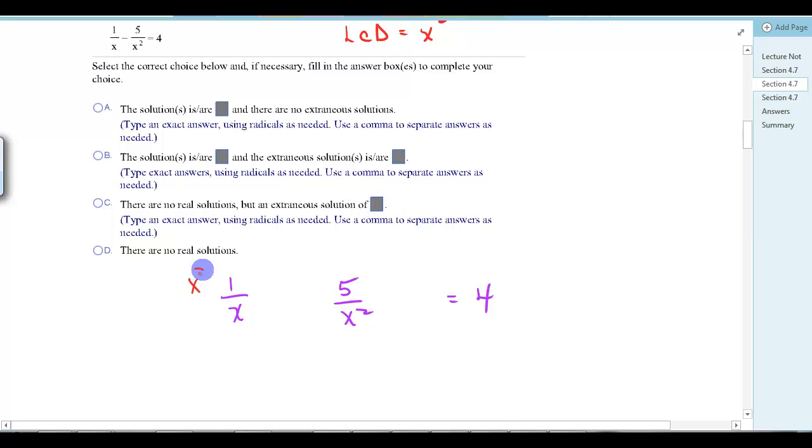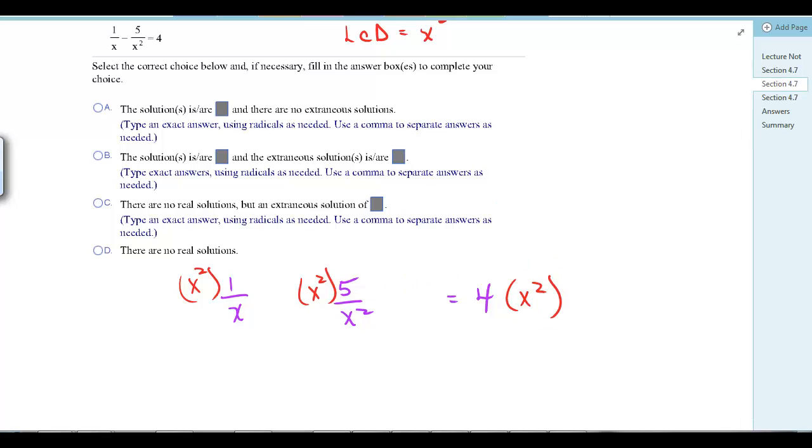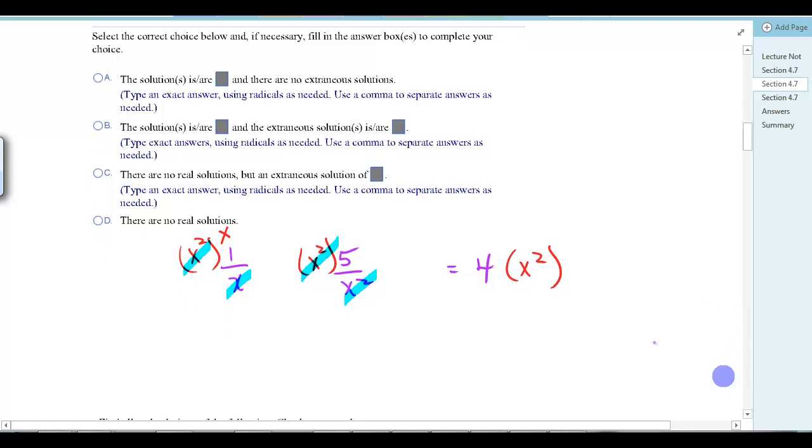So we've got x squared here, x squared here, and x squared here. We're left with an x here. So what do we have left? We have x minus 5 equals 4x squared.